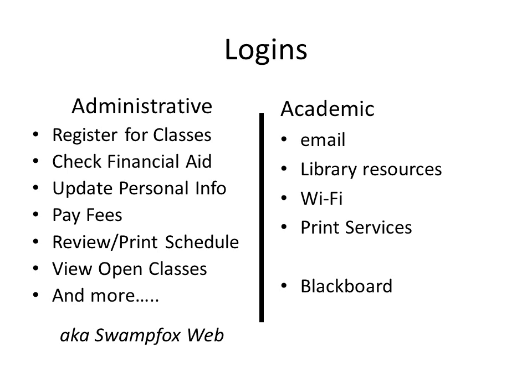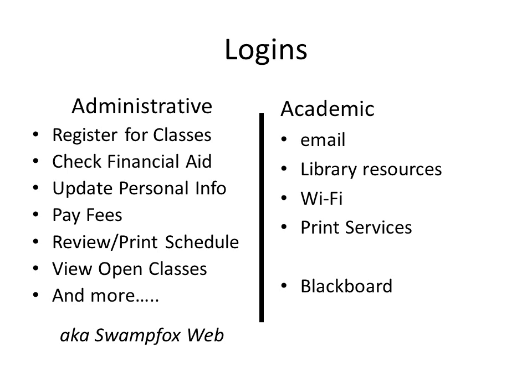One of the major support areas that we have in campus technology is logging into the various systems. The university's systems can be divided into two major groups, the administrative systems and the academic systems. Examples of the administrative systems are things like what you do to register for class, how you pay your fees, review and print your schedule, etc. There's quite a few of them, and we call this the SwampFox Web.